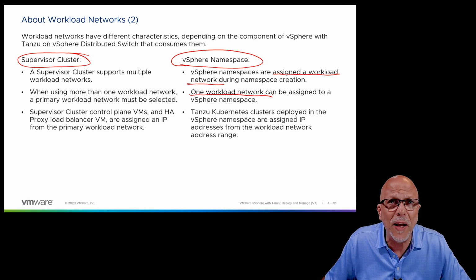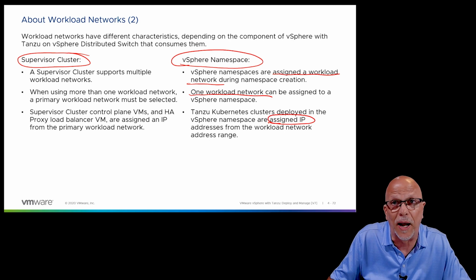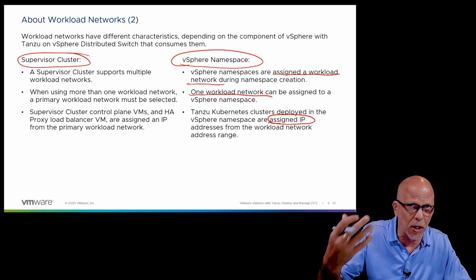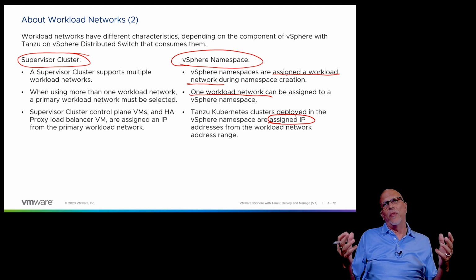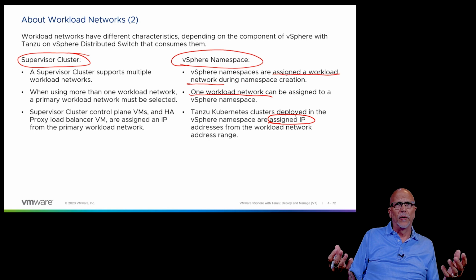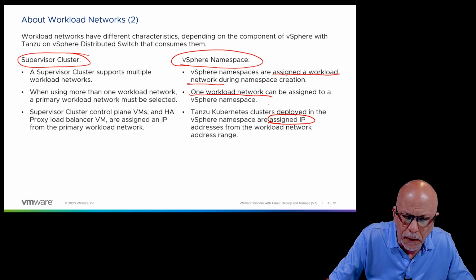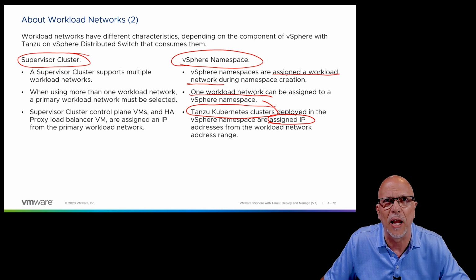Anything that we deploy now in that namespace is going to be getting IP addresses that you've defined in your workload network. What are we going to be deploying in these namespaces if we can't do vSphere pods? You're going to be deploying your Tanzu Kubernetes grid clusters inside those namespaces.